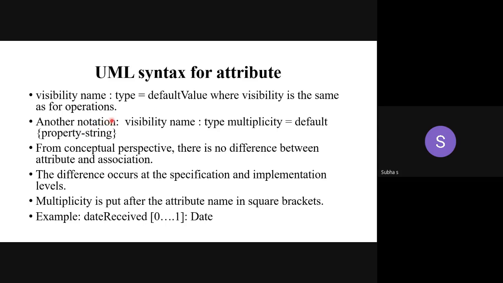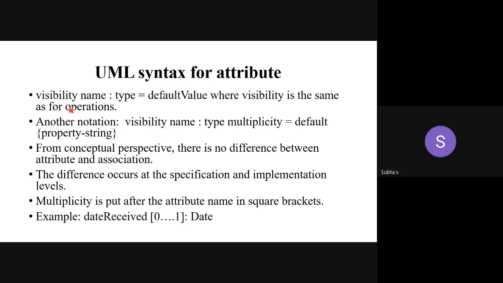There is another form of mentioning the UML attribute. Visibility mode, name, colon, type. You can add multiplicity, then equal to default. In flower brackets, you have to give a property string.